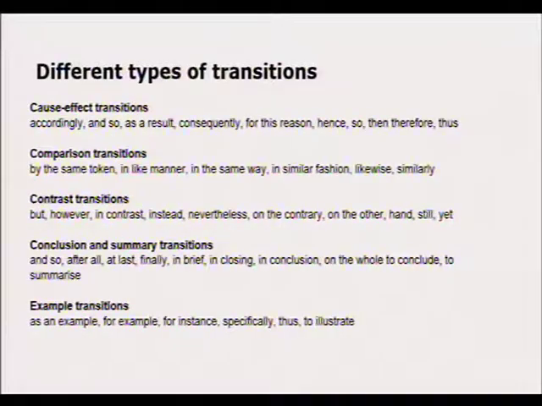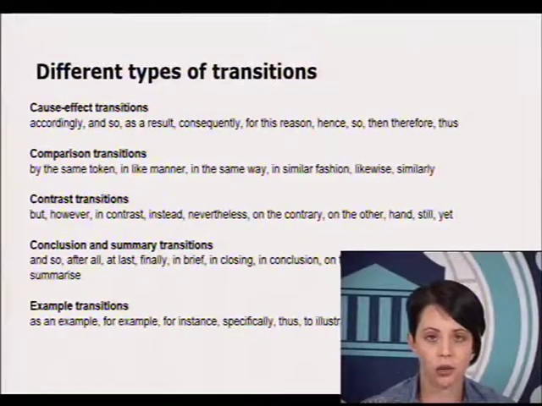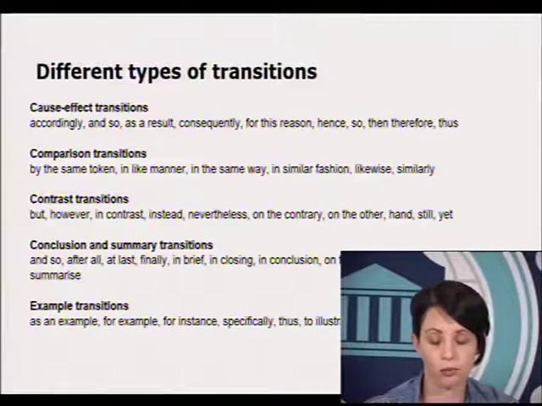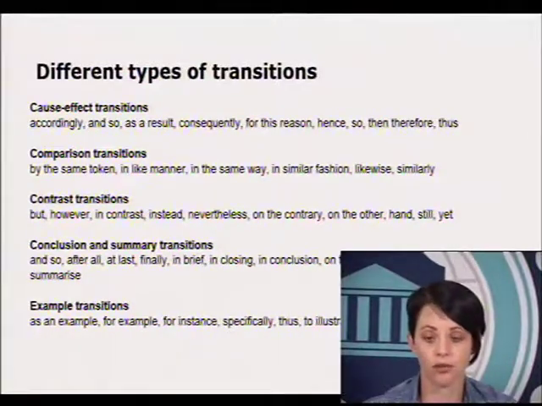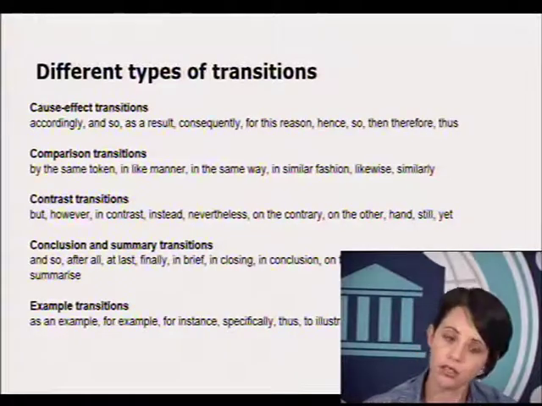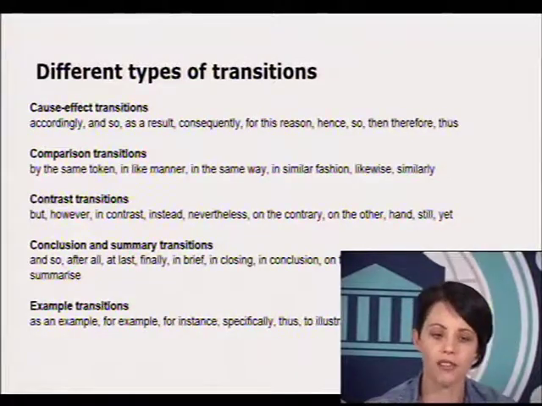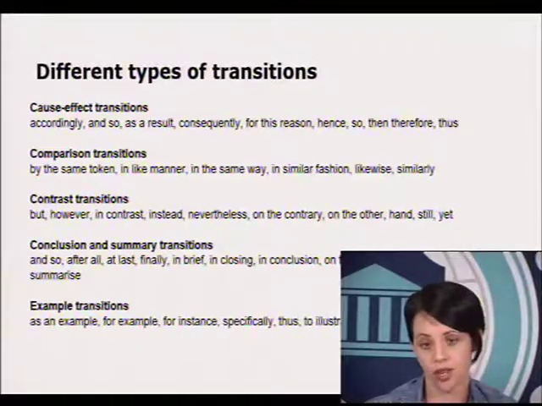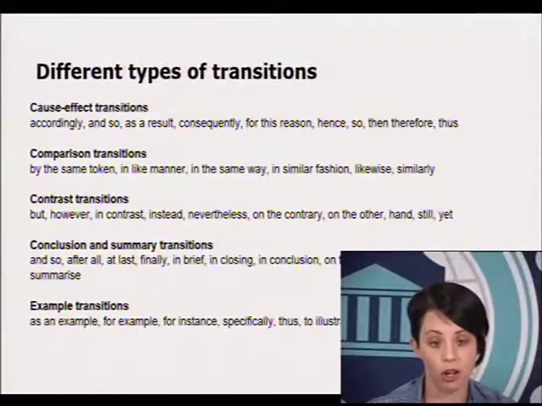We get different types of transitions, and these examples will help you to make sure that when you do write a paragraph on whatever topic it might be, you use the correct transition for your topic. The first one is the cause-effect transitions, and I will read you the words that you can use within these.